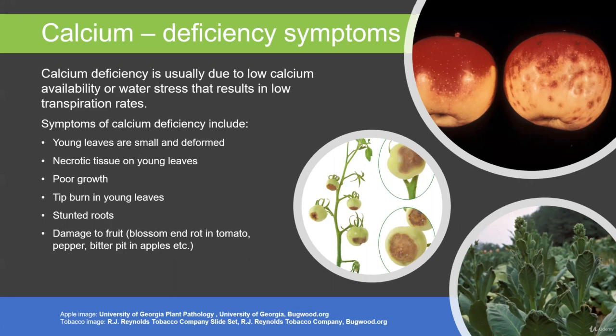Now, if we add calcium after or too late, it will not fix the deficiency and we will have the damage. The reason is that it is needed when the cells are being formed. So once the cell is formed with a deficiency of calcium, any addition of calcium will not help.